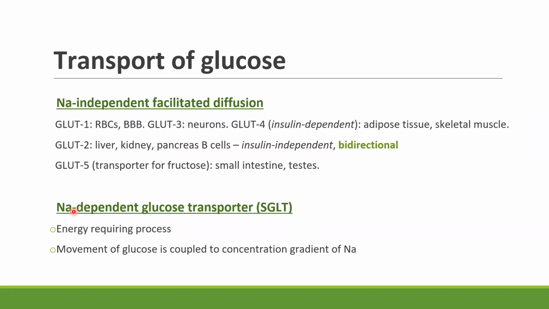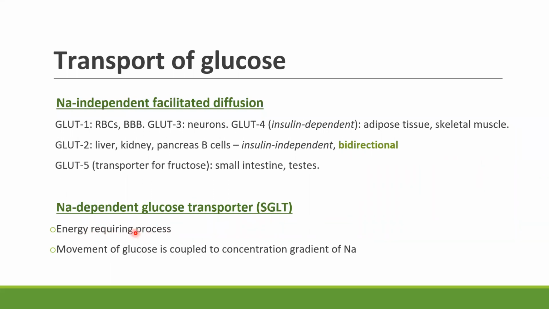Another kind of transporter is sodium dependent. This way of transport depends on sodium. You will find that sodium and glucose move together; wherever the sodium goes, the glucose goes. That is why we call it SGLT, sodium glucose transporter. This one is non-passive, so it is energy requiring.